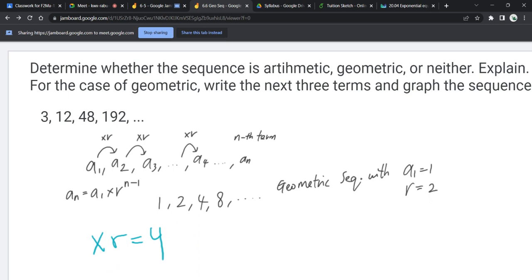Yeah, it's exponential, but we only consider the index to be an integer, because you can see that the index only differs by 1. But actually it is a part of the exponential graph, I mean the exponential function.